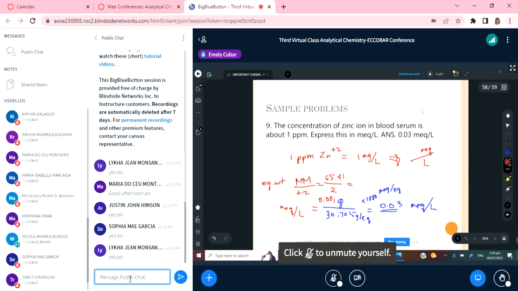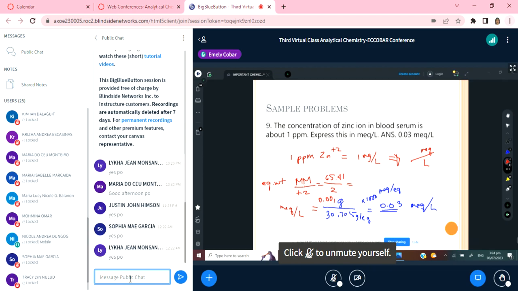How do we get equivalent weight? Equivalent weight is molar mass divided by, kapag zinc, yun daw total positive charge 2. So, molar mass divided by 2.